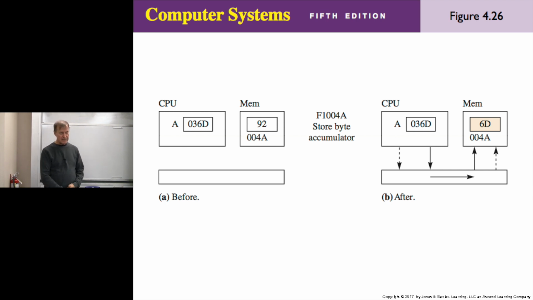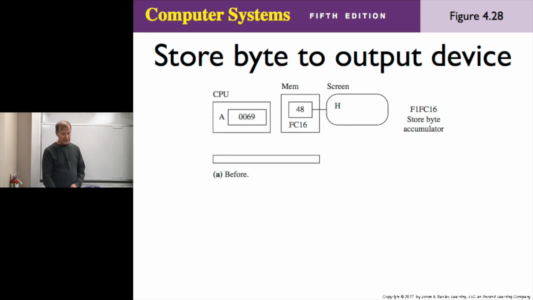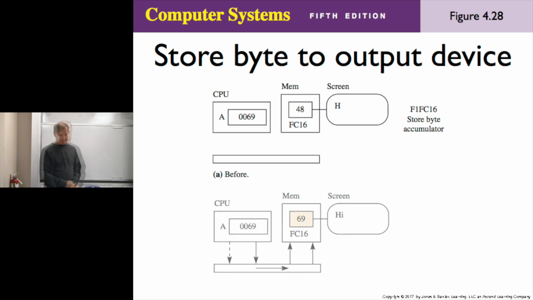And then in figure 4.28, we looked at how we can store a byte to the output device. If before the instruction executes, you have the bits for an ASCII character in the right half of the accumulator, and you store that to FC16, that's where the screen is, and once it goes to FC16, it goes to the output stream.